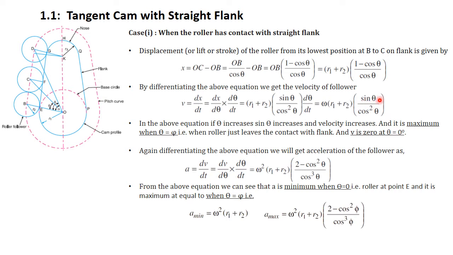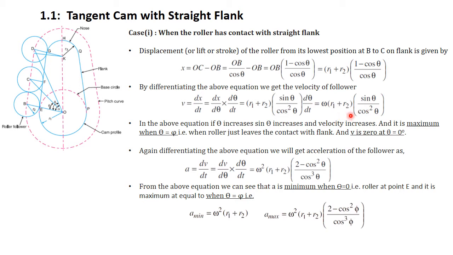If we put θ equal to 0, sin 0 becomes 0. As the value of θ increases, sin θ increases and cos² θ decreases, so the velocity increases.